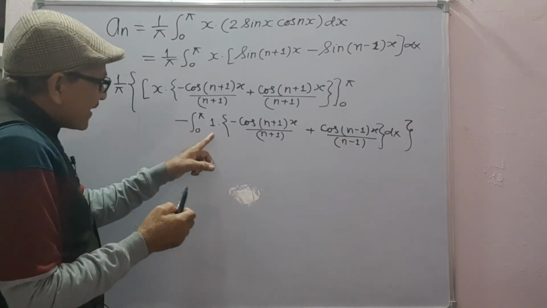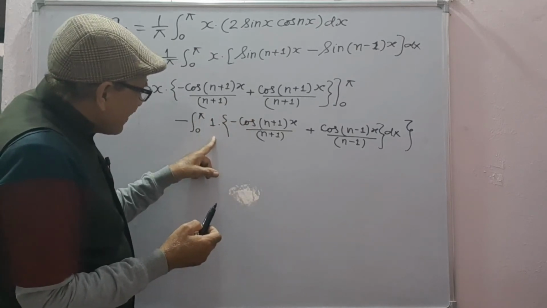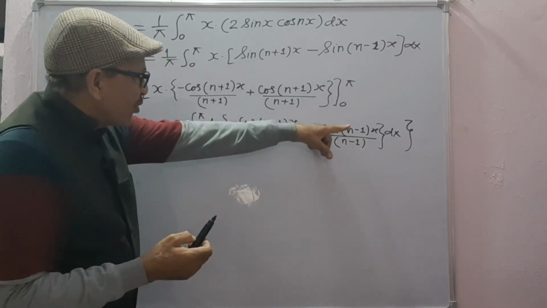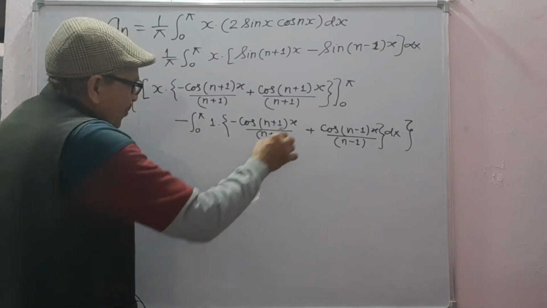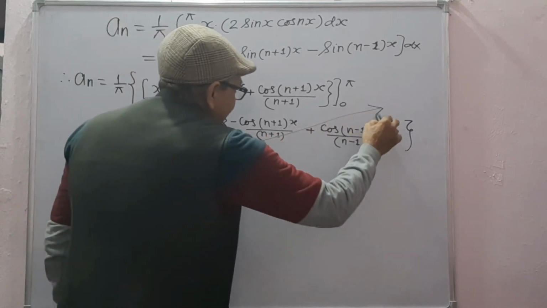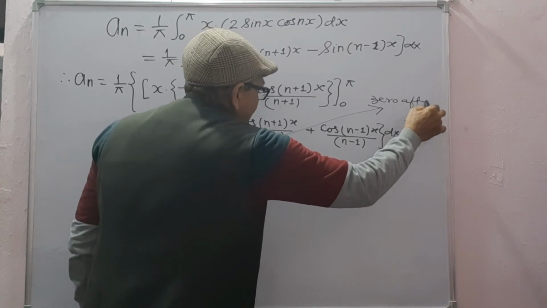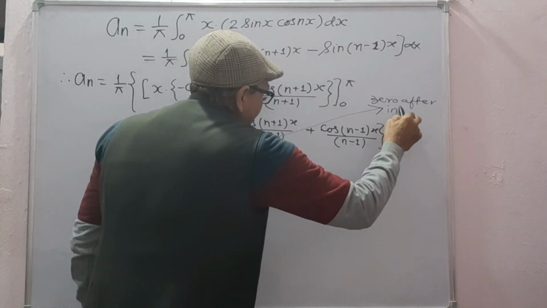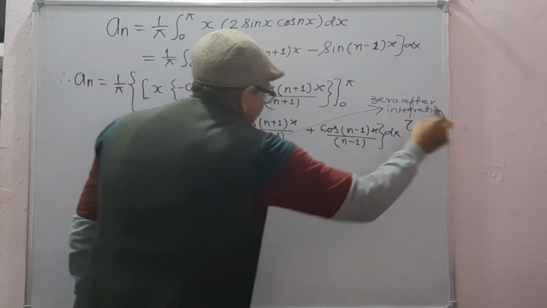Now, after integration, this second part will give sin terms in both cases, which will give 0 for both limits. So the second term becomes 0 after integration for both limits.